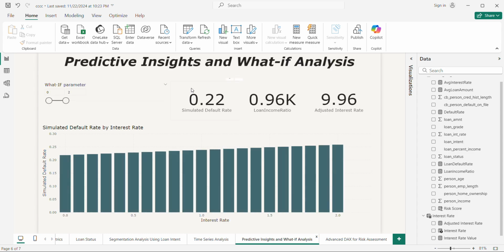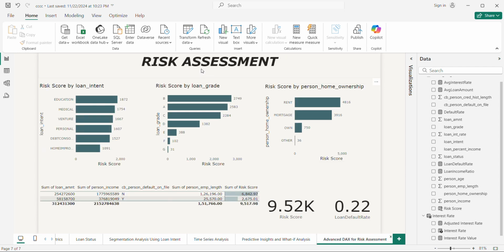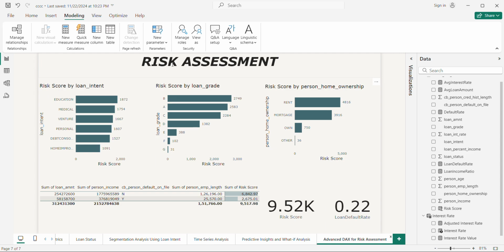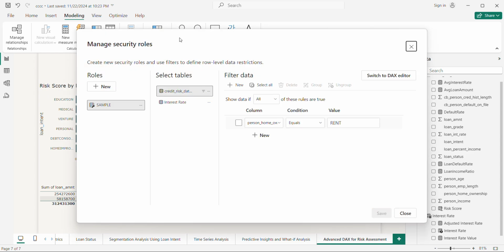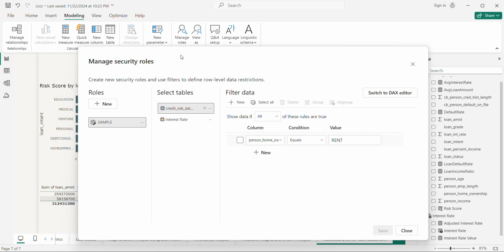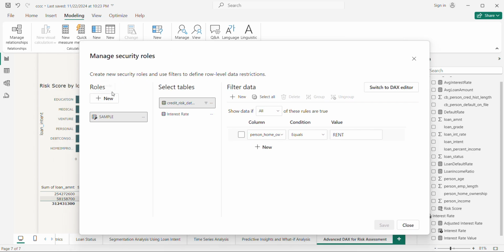And one more thing about manage roles. If you click on Manage Roles in the Modeling tab, you can create a role, as a sample, in which I select the credit risk data set and apply a filter on the person home ownership column.